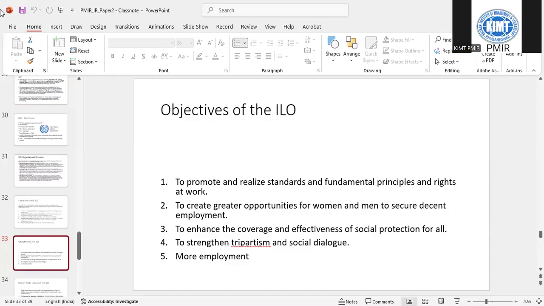We read about all these five objectives: to promote the standards, create opportunity, then create different social protection, and improving the tripartite system, and encouraging the social discussion, then create more employment. These are the main objectives of ILO, International Labour Organization.